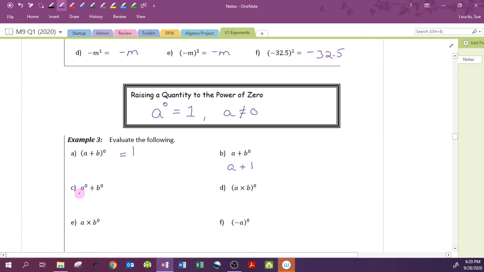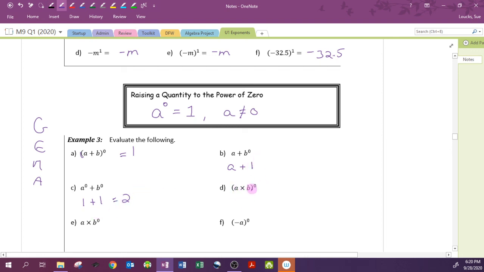On C, remember our order of operations? There's no grouping, but we're doing the exponents first. So here we did the a plus b first because the brackets said we had to. There are no brackets this time, so we're going to do a to the 0, which is 1, and we're going to do b to the 0, which is 1, so this equals 2.